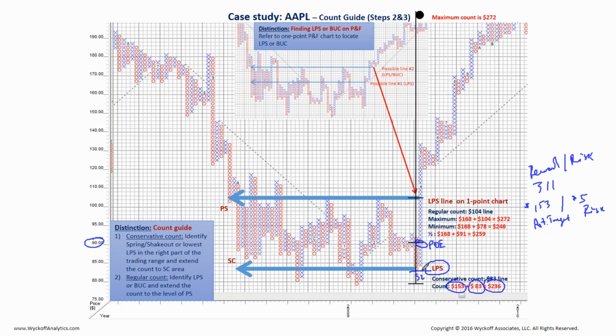And then our stop loss would be below the lowest point here where the trend actually starts, so below 83. So looking at the risk in points here, our risk would be, actually, it would be $7.